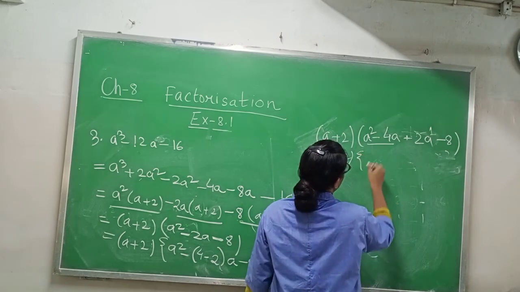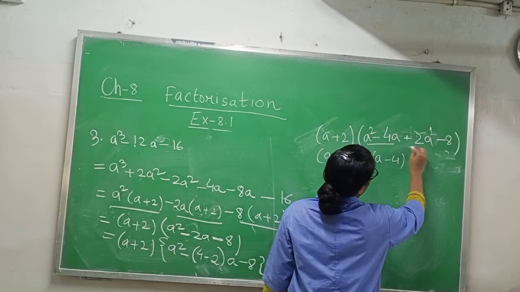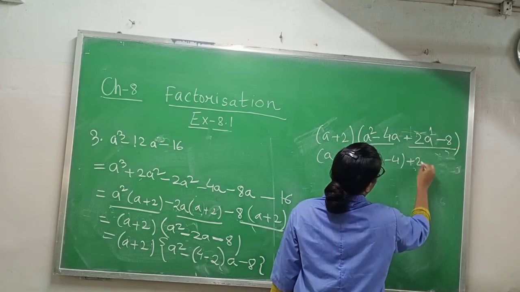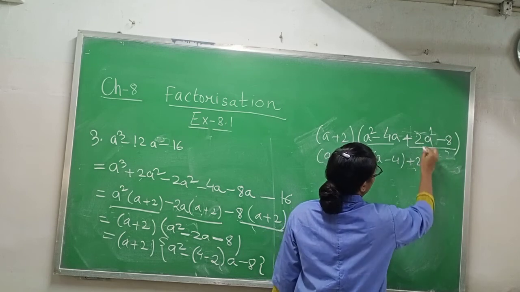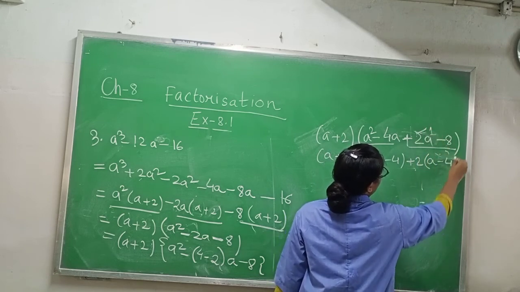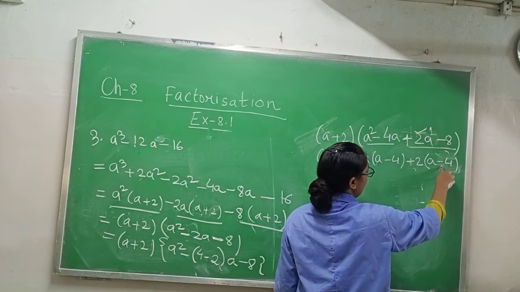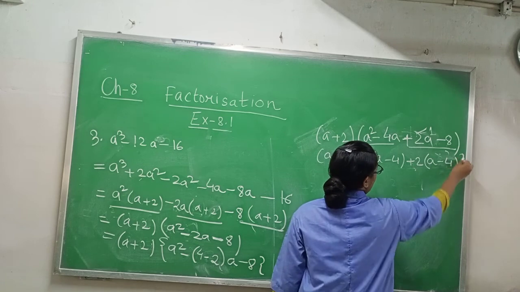What is common? A is common, and what is left? A minus 4. Here what is common? Plus 2. This one sign we will take only. Okay. Plus 2 will be common, and if you are taking 2 common, a is left from this one, and here 4 will be left. And since you have minus sign, you will put minus sign. Sign will not change because you are taking plus as a common. Okay.